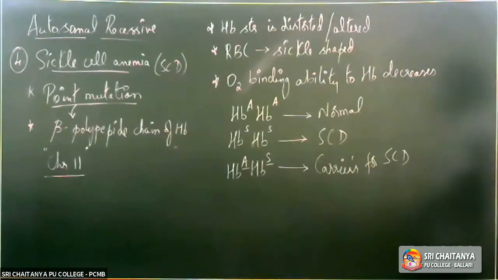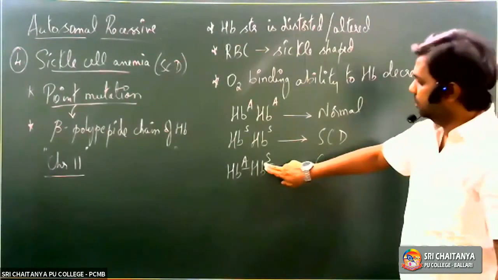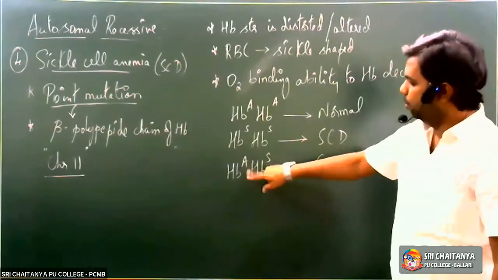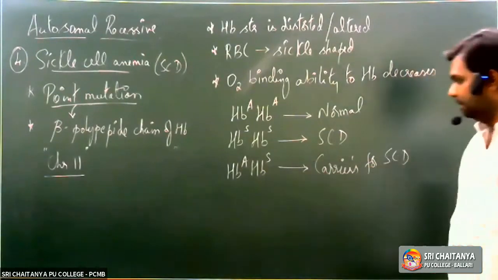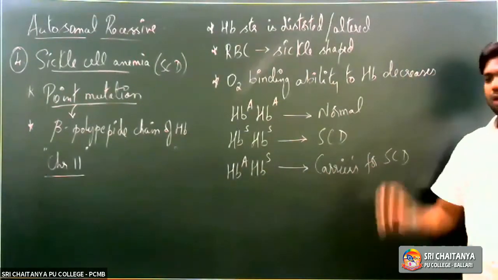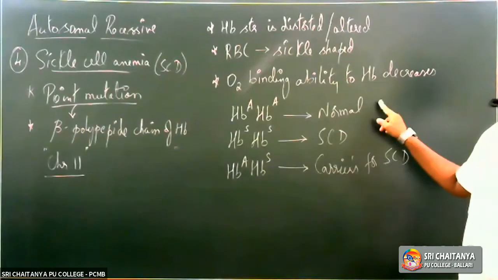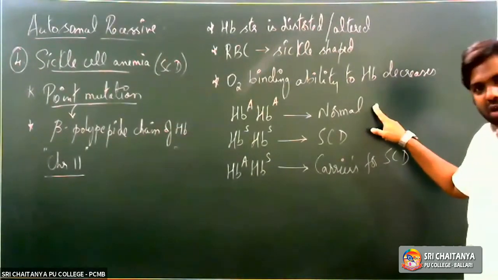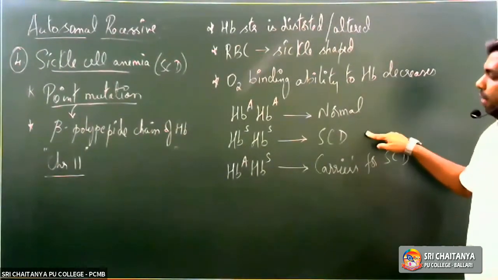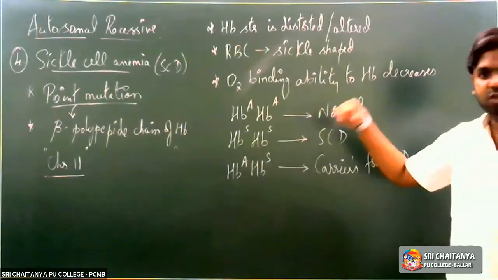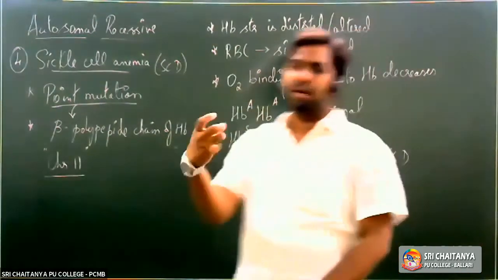We call them carriers for sickle cell disease because there is both a dominant allele as well as a recessive allele, right? As I've already said, for these individuals there is no problem because they are normal, they don't have the disease. For this individual, both are recessive alleles, so they usually die before the reproductive age.